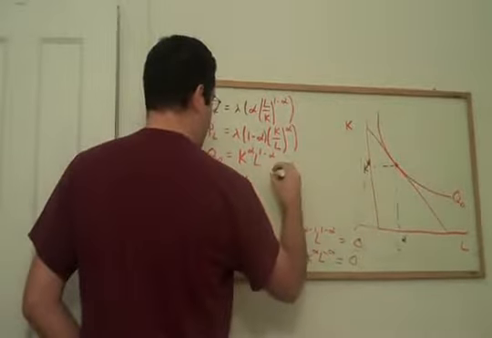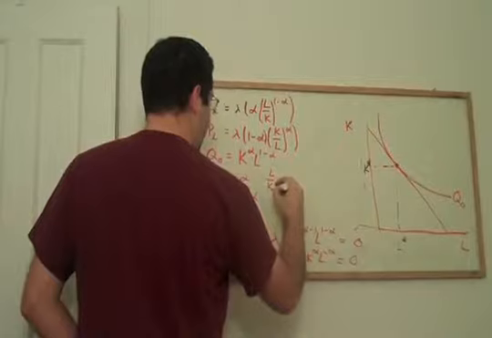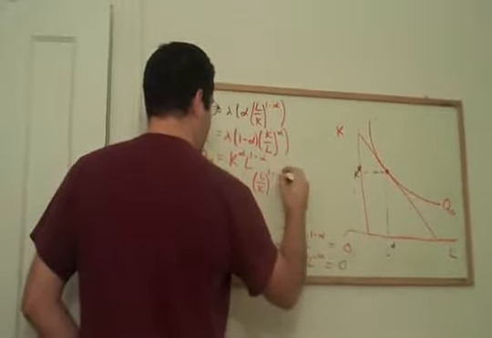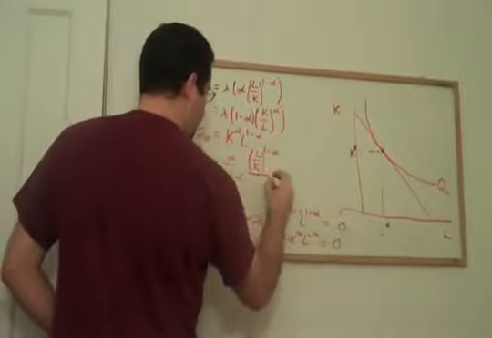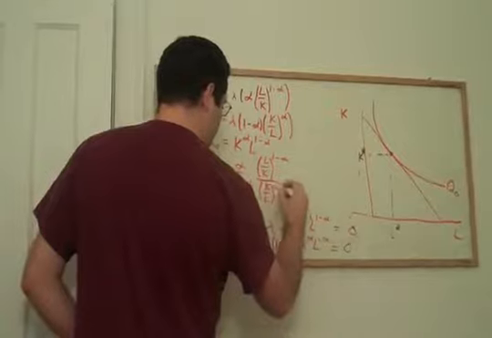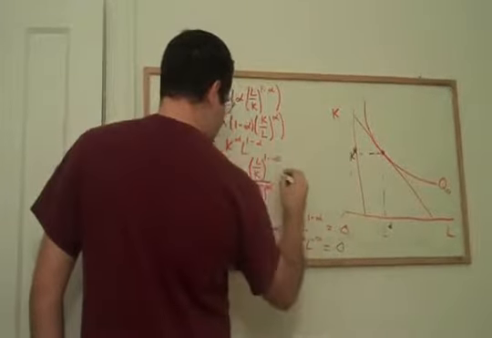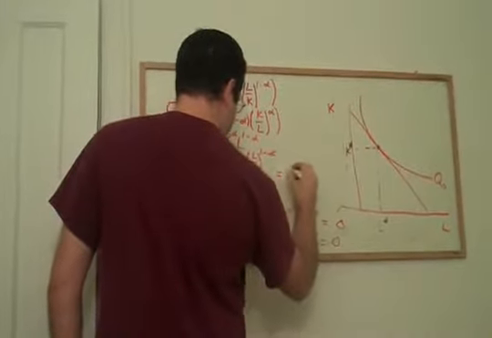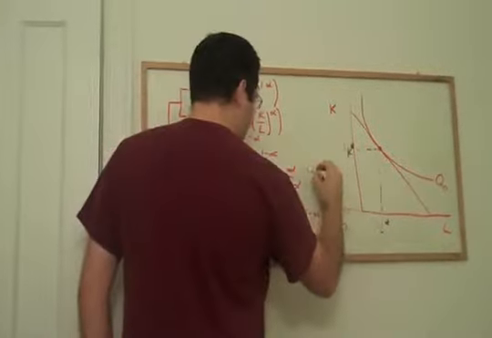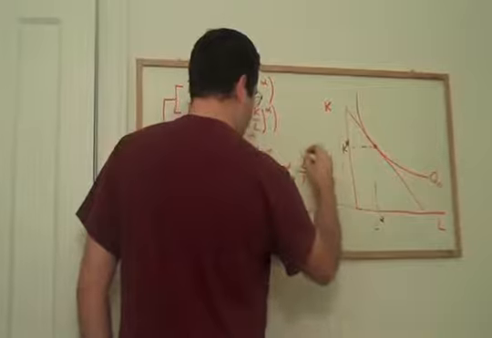Then what we'll have is K to the alpha over L to the alpha, and L to the 1 minus alpha over K to the 1 minus alpha, divided by a K over L to the alpha. That's just going to be equal to alpha over 1 minus alpha times L over K.